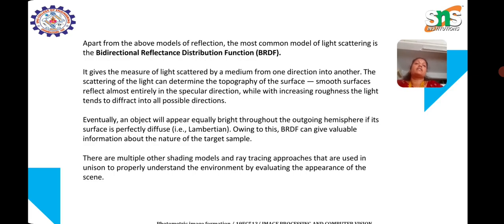Smooth surfaces reflect almost entirely in the specular direction, while with increasing roughness, the light tends to diffract into all possible directions. Eventually, an object will appear equally bright throughout the outgoing hemisphere if its surface is perfectly diffuse. Owing to this, BRDF can give valuable information about the nature of the target sample.